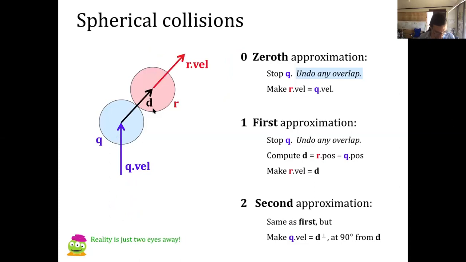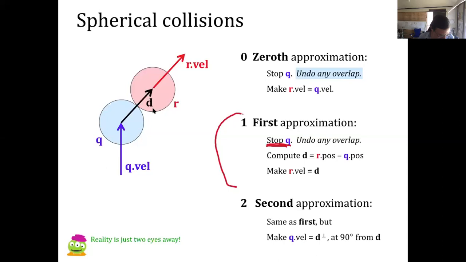If we want to get a little more sophisticated, we can do this sort of thing, where again, we just stop Q first, it hits the two balls. If there's any overlap, we undo the overlap. So we test, did we go too far? If we did, we back up. That's what it means to undo the overlap. Q now just stops in its tracks, but the red ball moves in a direction that's determined by the difference between their centers.